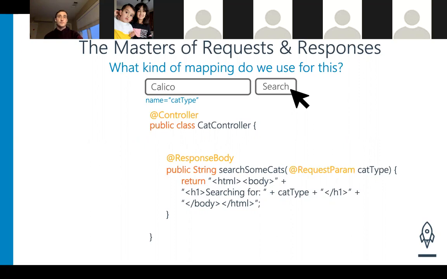Post mapping. Very good. It's a post mapping. Awesome job. We put the annotation above that method, post mapping for cats. Why do we do post mapping? Because we just did an action. We clicked a button. The click of a button is an action on our website. When that happens, we need to send a post mapping back to our controller.